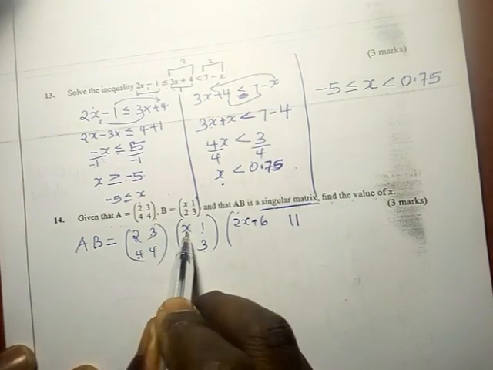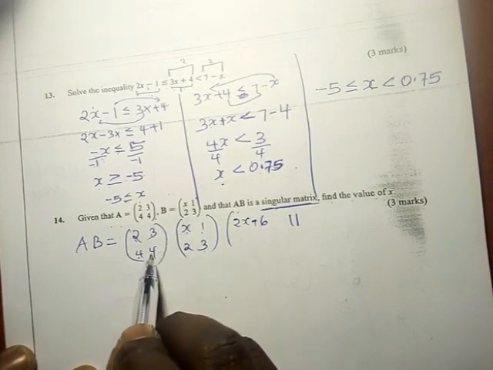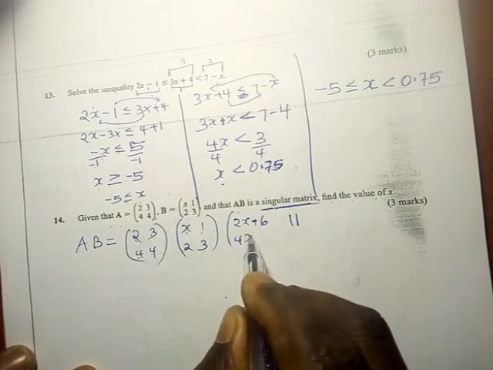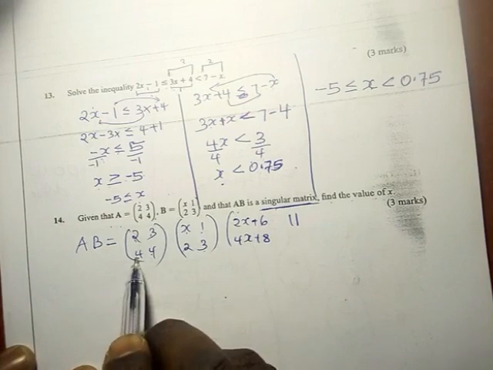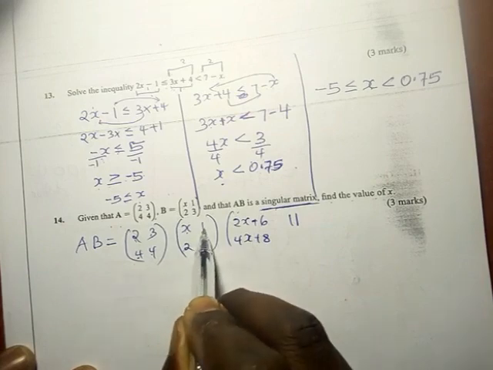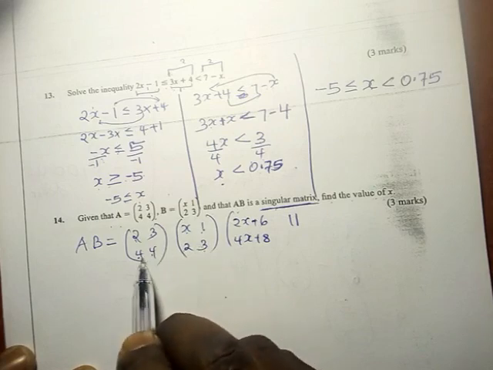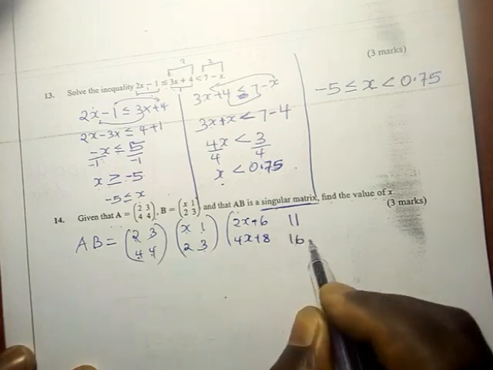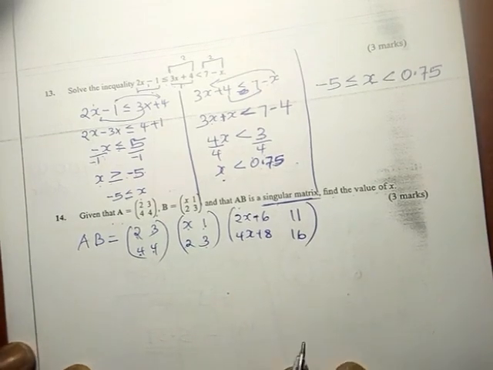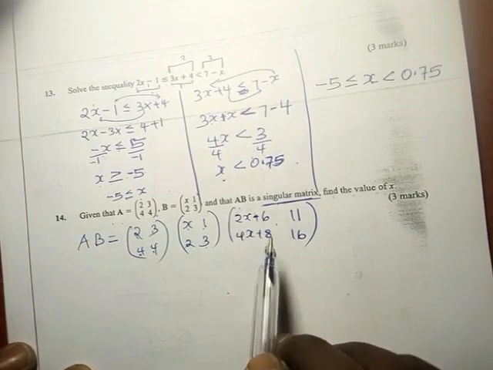This times this, 4x plus 8. So 4x plus 8. 4 times 1, that is 4. 3 times that is 12. 12 plus 4, 16. So this is our AB.